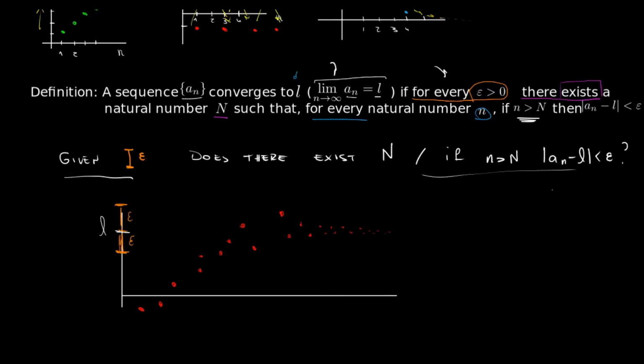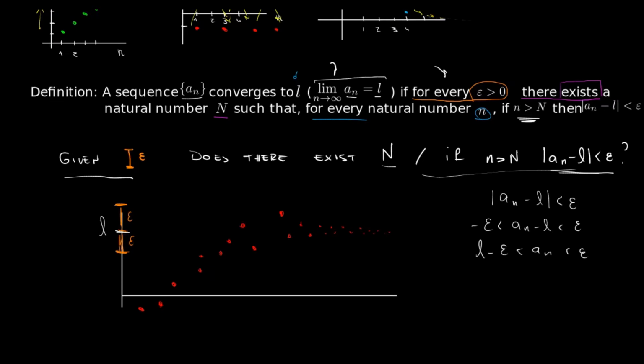Well, if we have a look at the inequality, we want to find this N such that if n is greater than N, then the absolute value of a sub n minus L is smaller than epsilon. We can rewrite this as minus epsilon smaller than a sub n minus L smaller than epsilon. And now adding L on all sides, we get L minus epsilon smaller than a sub n smaller than L plus epsilon.